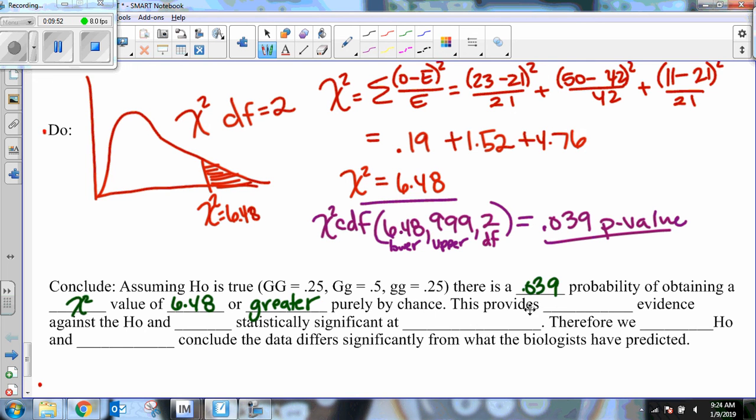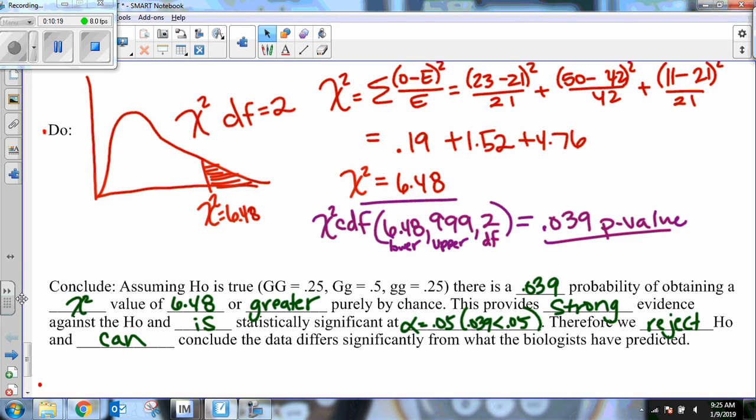Since my p-value is small, this provides strong evidence against the null hypothesis and is statistically significant at alpha equals 0.05 because 0.039 is less than 0.05. Therefore, we reject the null hypothesis and can conclude the data differs significantly from what the biologists have predicted.